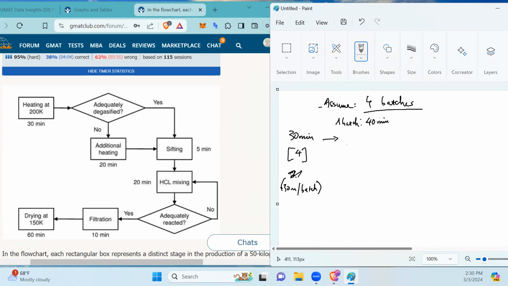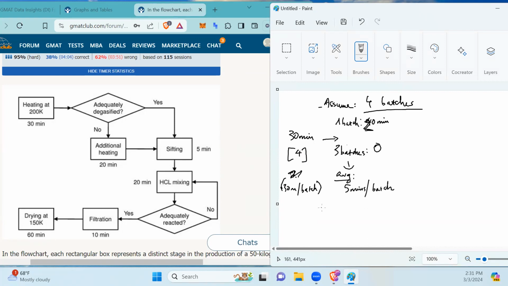The other 3 batches are 0. So 20 over 4 equals 5 minutes. So we can average out here to say that each batch is going to have 5 minutes of additional heating.